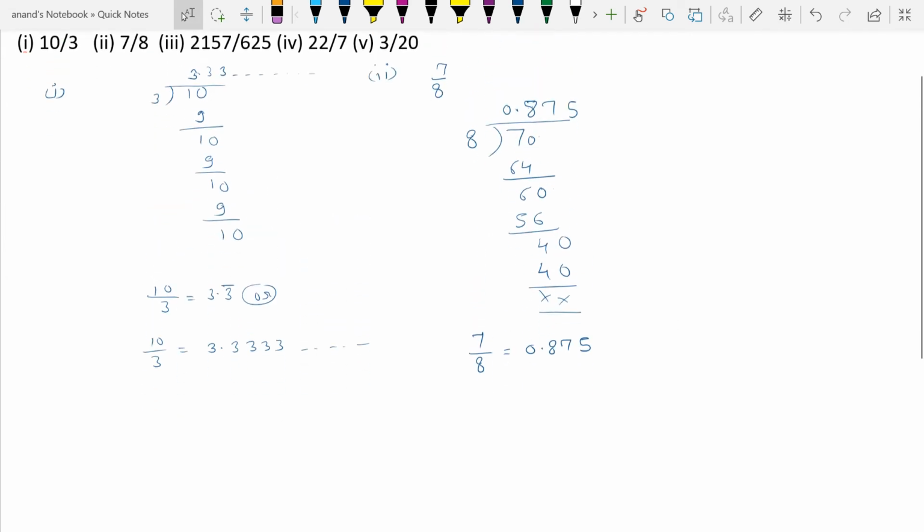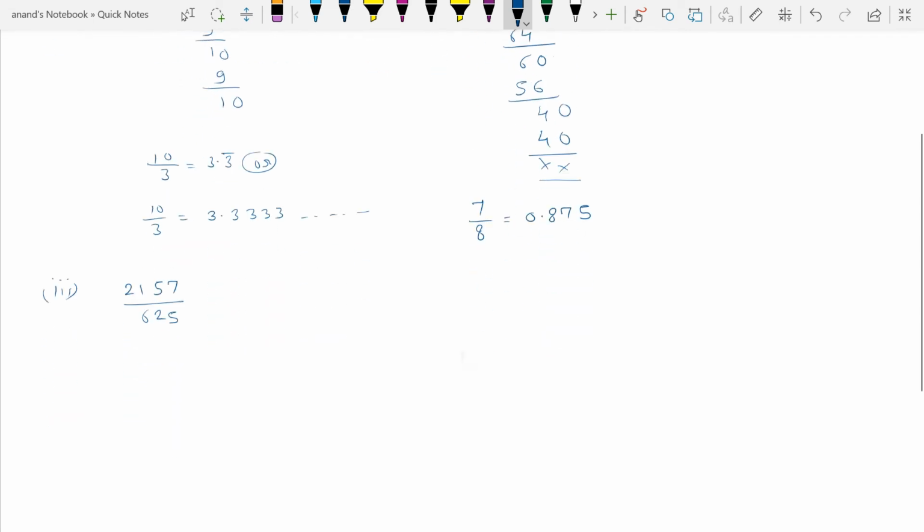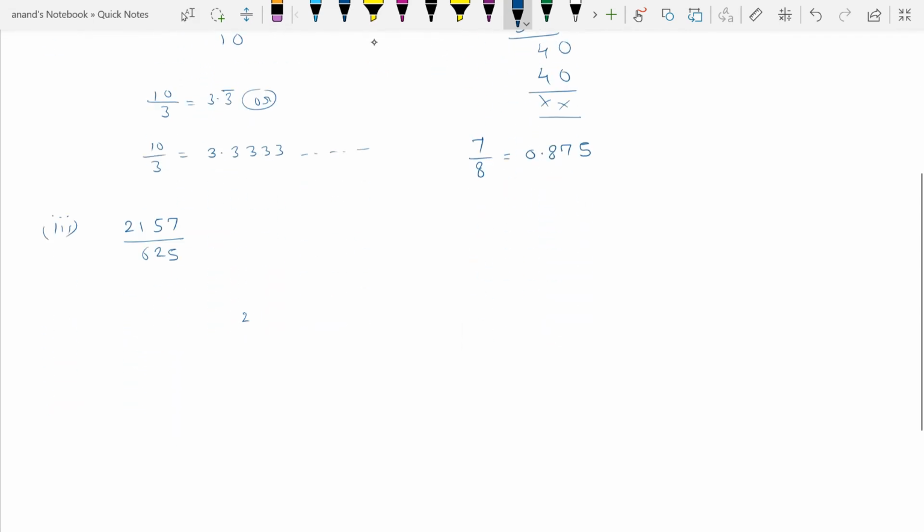Let us take another example, that is 2157 divided by 625.